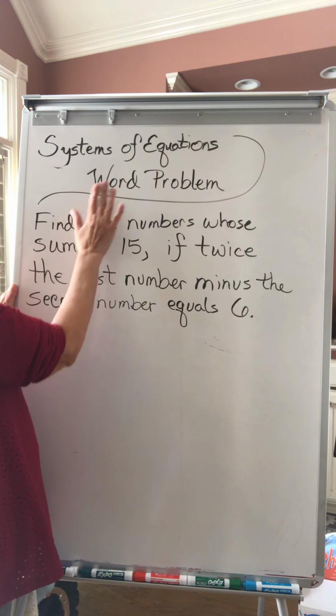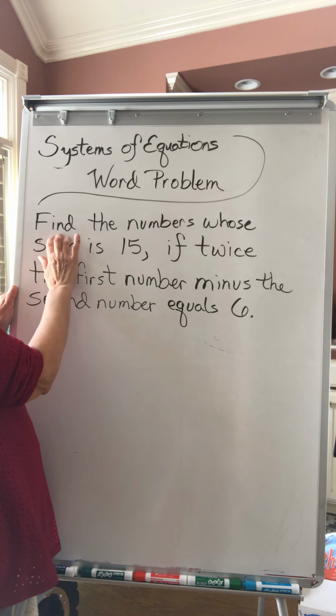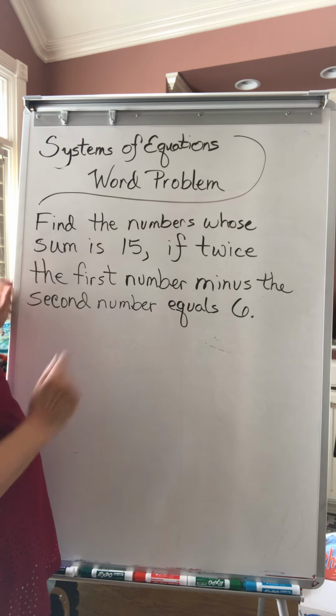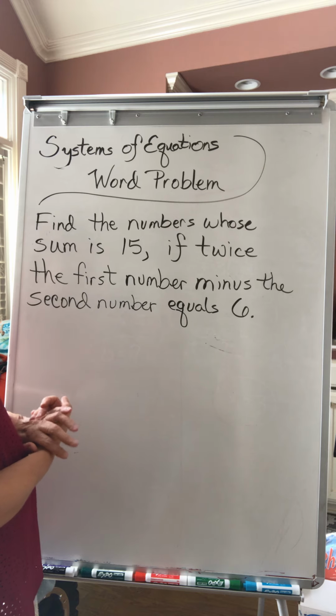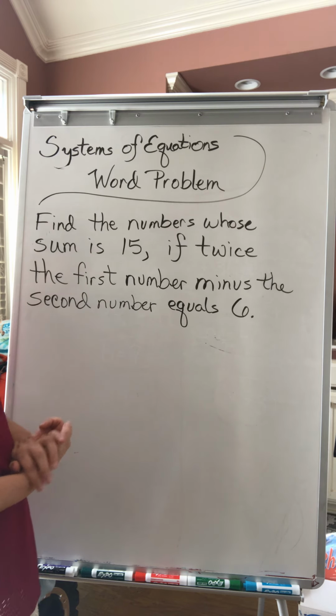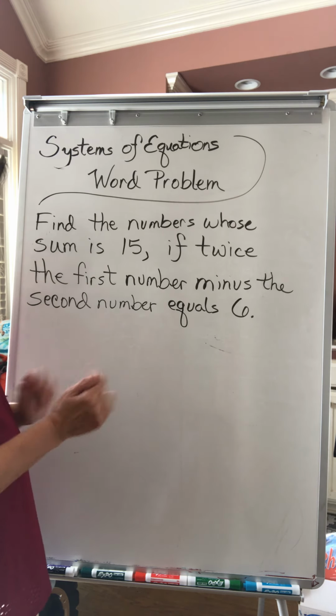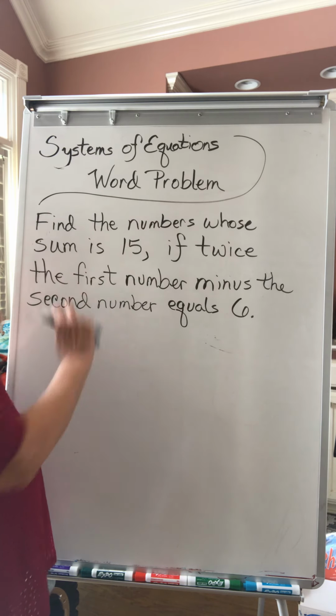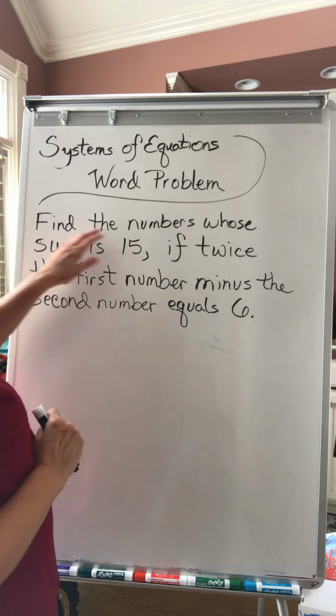Systems of equations word problem. Find the numbers whose sum is 15 if twice the first number minus the second number equals 6. Okay, so let's look at what we have here that we can use. Find the numbers.